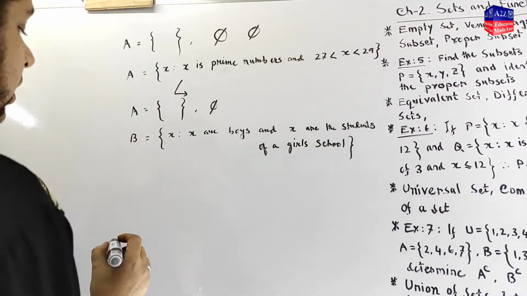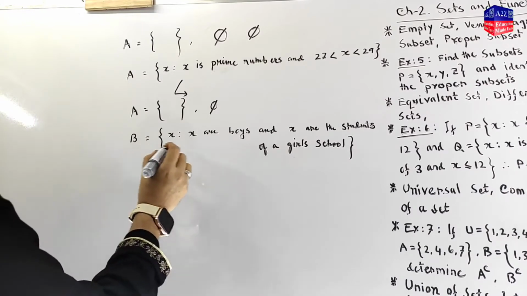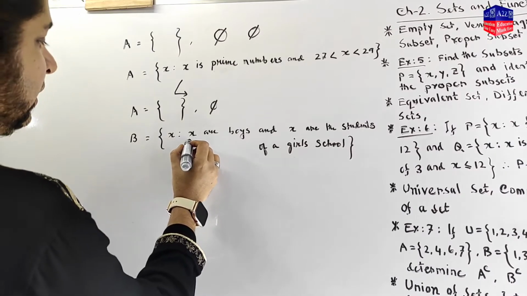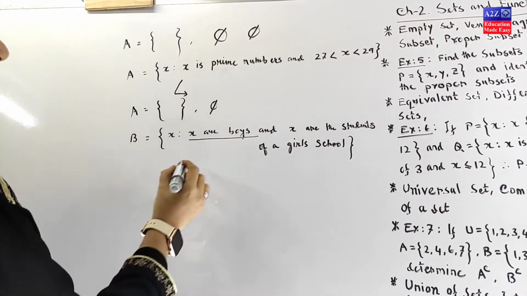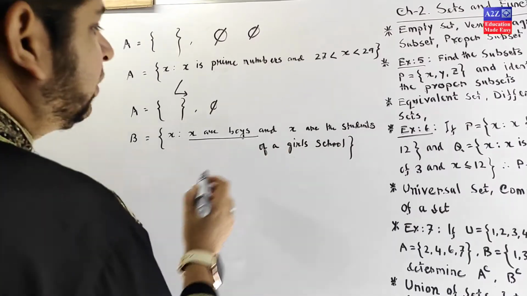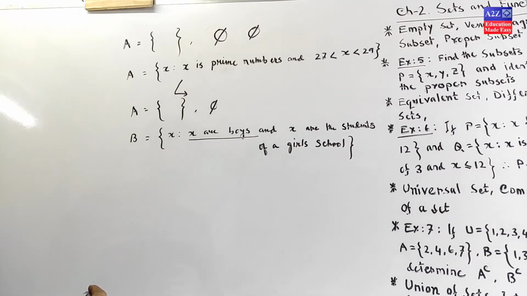So there are two conditions. This set is defined in the set building method, and there are two conditions and two properties. In the first property, it is limiting that x are boys, and through the second condition, it is limiting that x are the students of a girls' school.